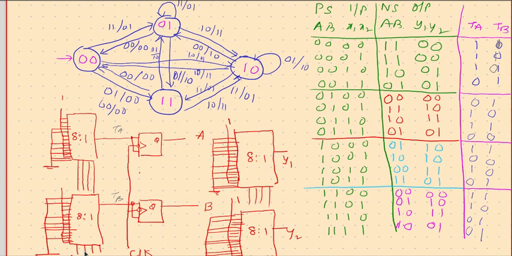We have A, B, X1, X2 as inputs to control the multiplexers, and according to these values, the values are made available, and hence the circuit keeps changing as per this sequence, depending on where it is currently, that is AB, and what the current inputs X1, X2 are.